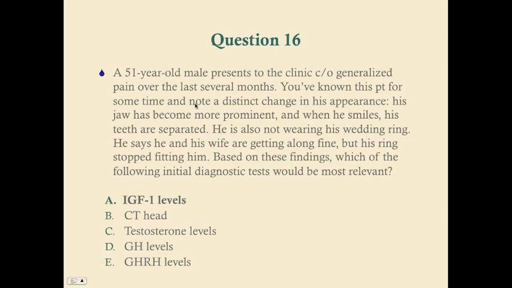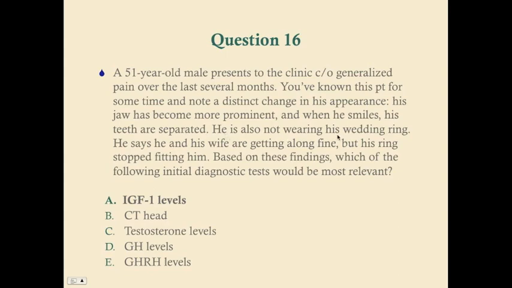Well, he's got an enlarging jaw, and that's very characteristic of acromegaly. So two things you would see facial-wise in acromegaly is coarsening of the facial features, so a more prominent jaw. And when the jaw enlarges, you actually will get this separation of the teeth. So those are two things that are highly correlated with acromegaly.